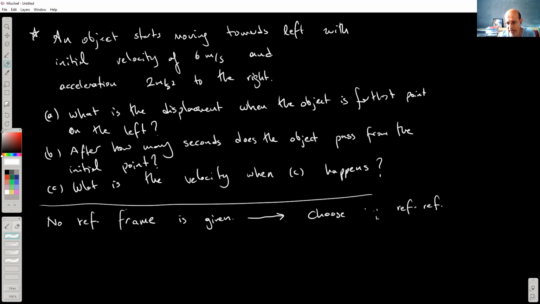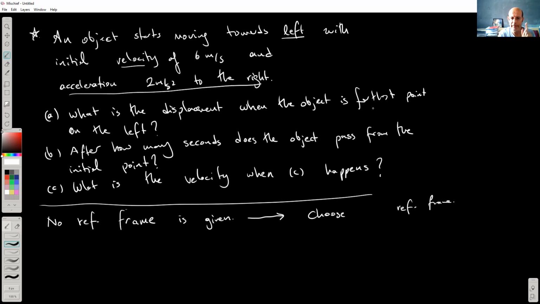I have to choose mine, you have to choose yours. So we will see. Choose reference frame. Okay, so all the directions are expressed with left and right in here. So the velocity is left, acceleration is right.